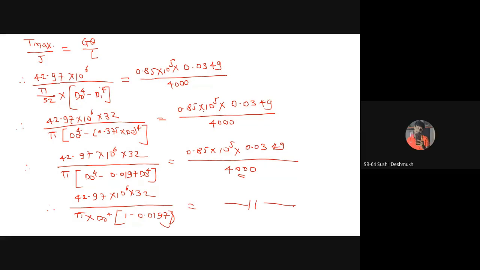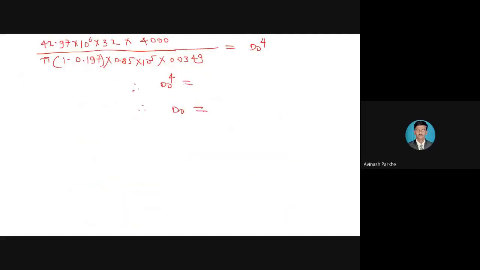Yes. Do is equal to 156.64. Yes, Do is equal to 156.64. Please check your answer. Do is equal to 156.64 mm.